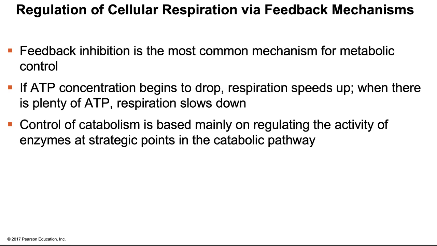We learned what a negative feedback loop was in the very beginning of the class, and now as we go through, we're learning examples of regulation and feedback. So we're going to learn about one particular enzyme, which is used for metabolic control, particularly control of catabolism.